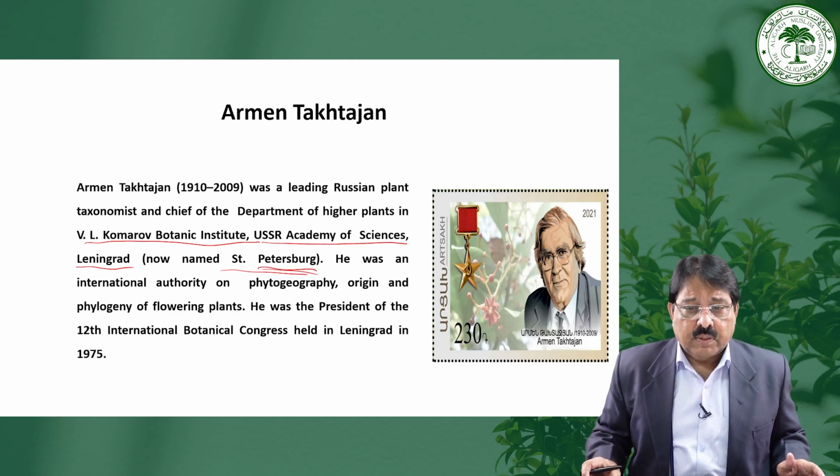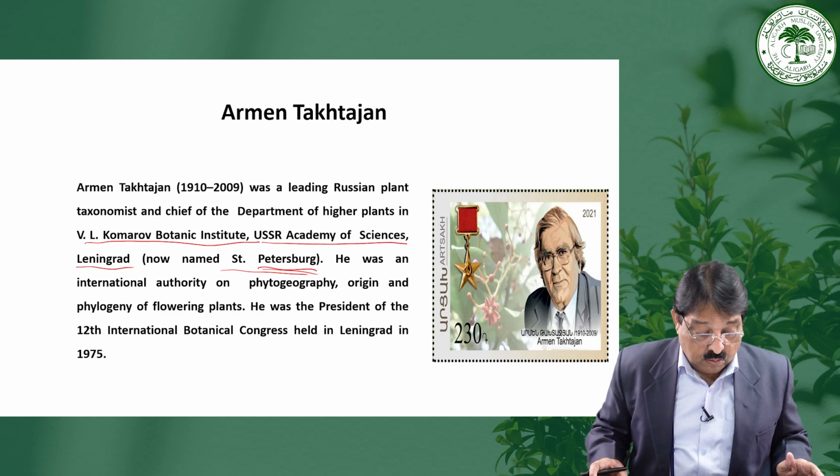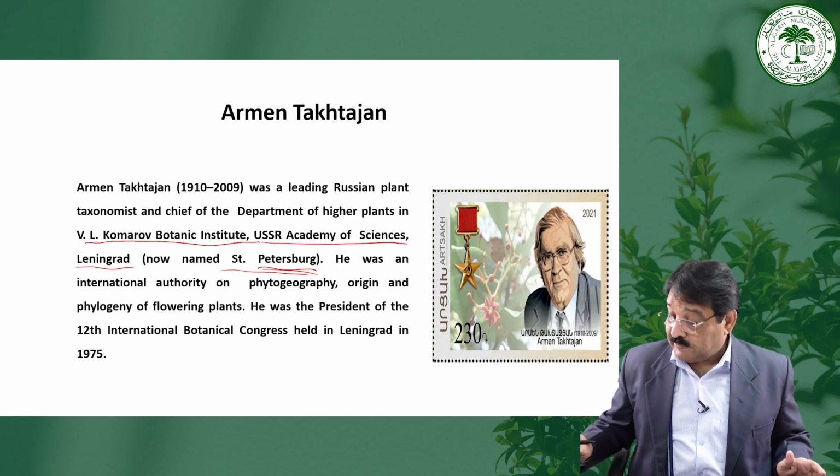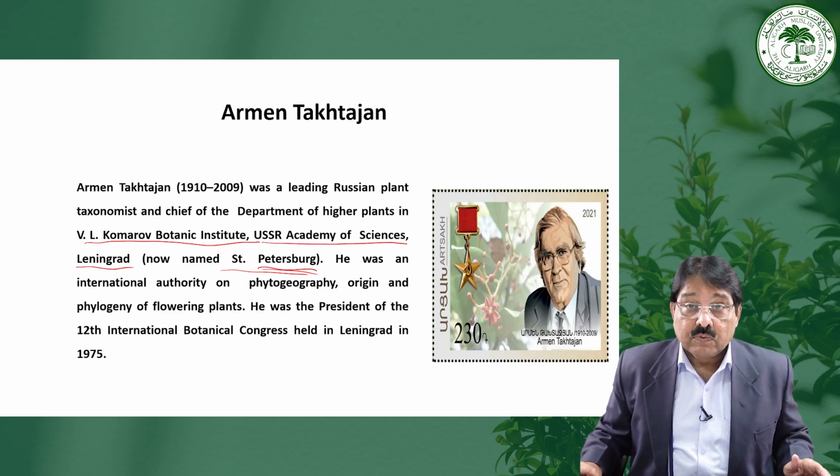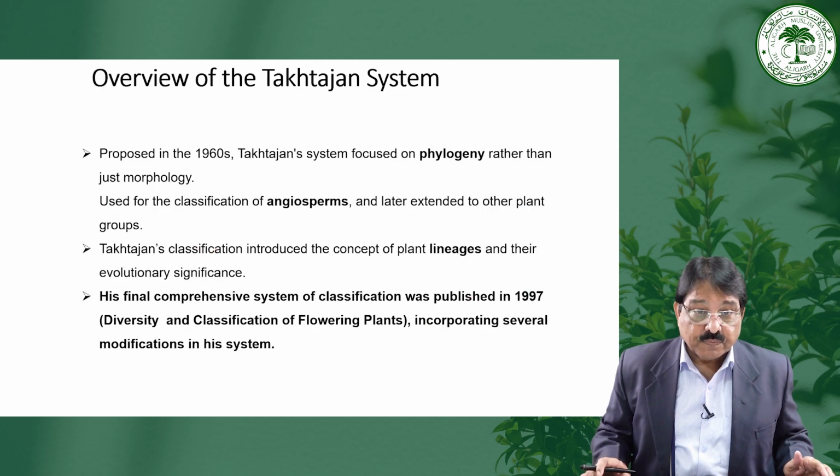I have already talked about the International Botanical Congress. So here we will go through the Takhtajan system. Takhtajan had authority in phytogeography, and he acted as president of the 12th International Botanical Congress.